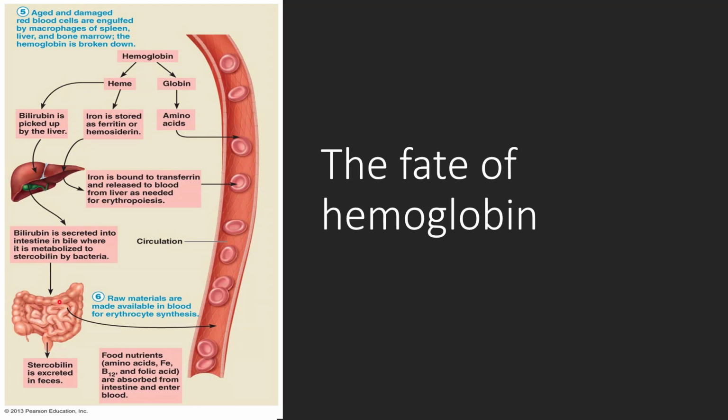Bacteria start to break some of it down. And when it breaks that down, well, interesting fact, that's why feces is brown. When we break down bilirubin, it causes brown to be placed into the small intestines, and that brown is what stains the feces brown.